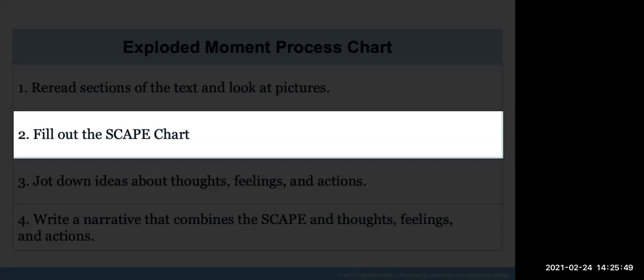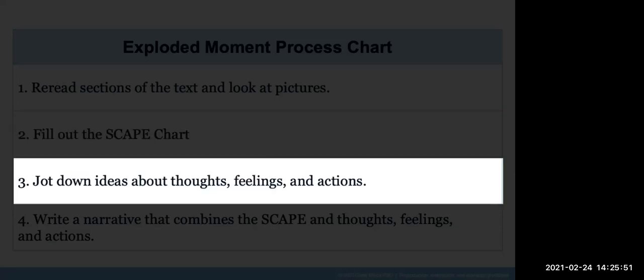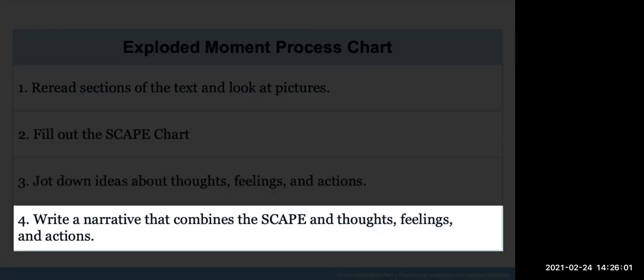I'll show you how. Number 3 tells you to jot down ideas about thoughts, feelings, and actions. We can also capture that in your journal. And number 4 tells us to write a narrative that combines the scape, which are the story elements, with thoughts, feelings, and actions.